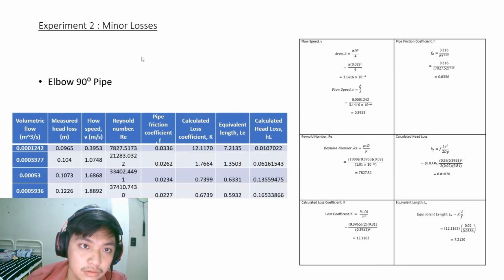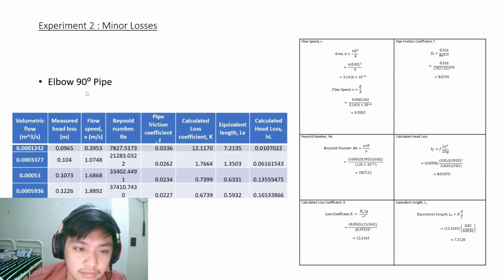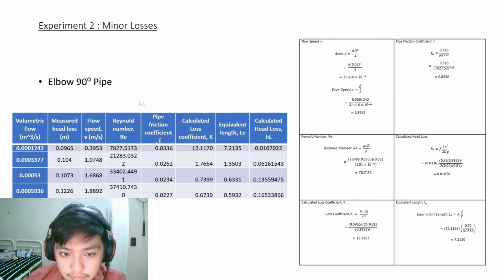For experiment 2, minor losses, elbow pipe 90 degree, this is our result. We have calculated the flow speed, pipe friction coefficient, Reynolds number, calculated head loss, loss coefficient, and equivalent length.